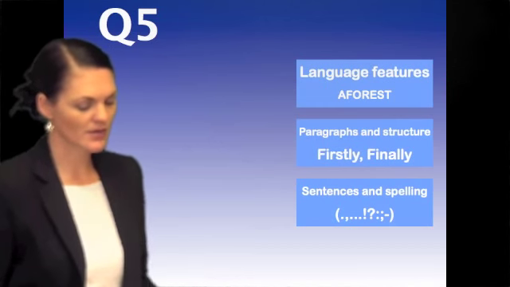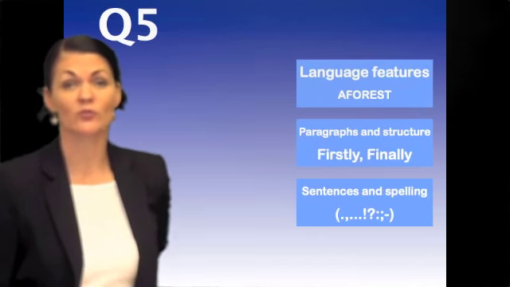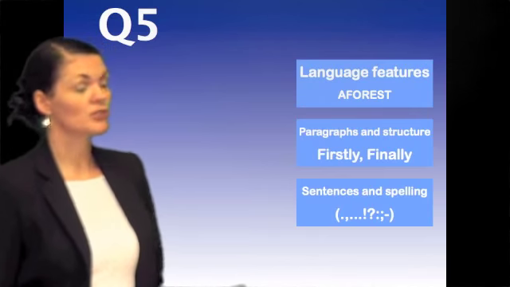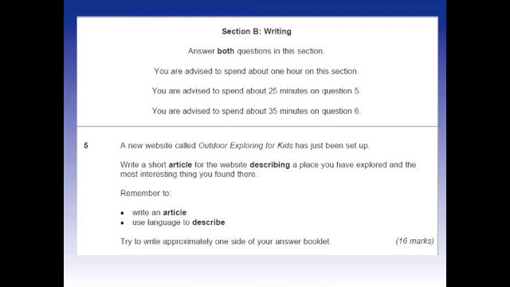Okay, so looking then at question 5 on this January 2013 paper, it asks you to write an article for a website describing a place that you have explored, and the most interesting thing that you found there. Now, a really key thing here is these bullet points really help.